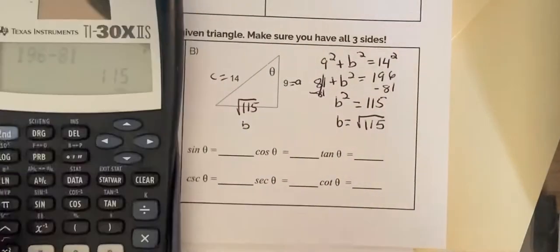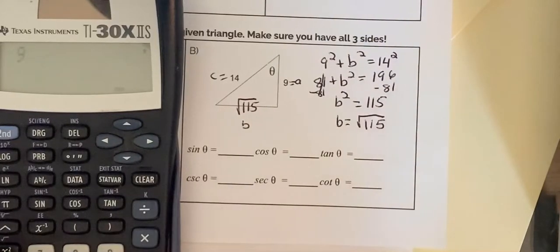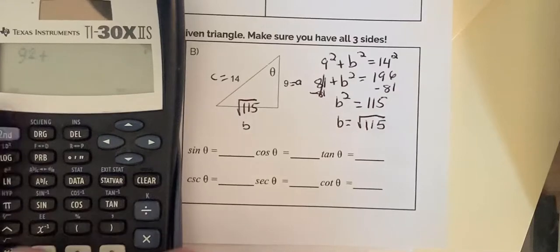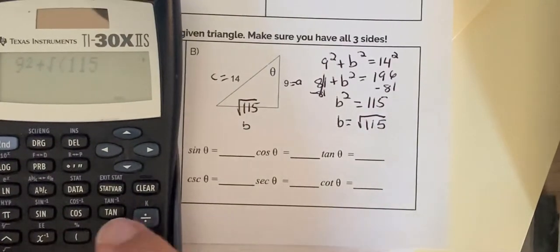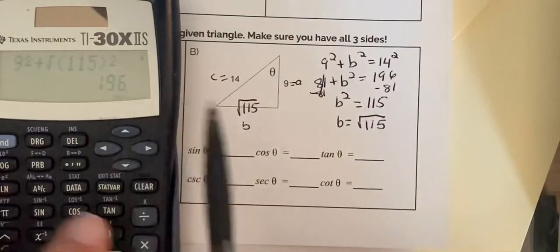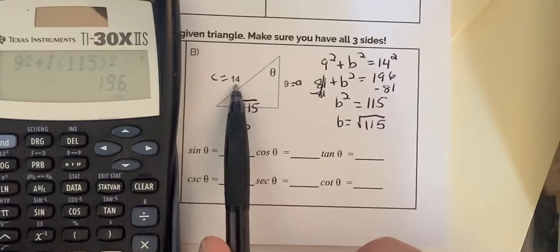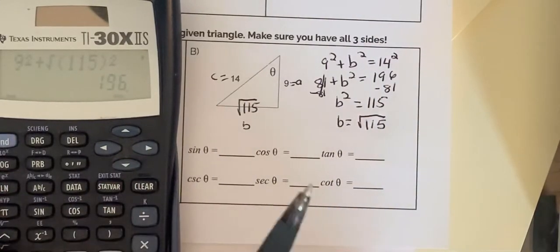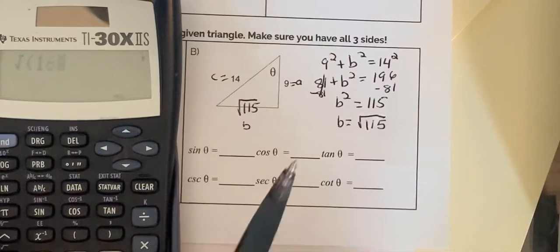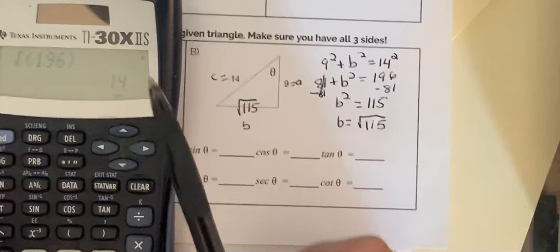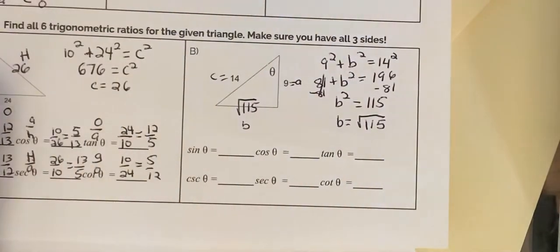So I'm just going to double check that: 9 squared plus the square root of 115, close that parenthesis and then square it. And then that's 196, which should equal 14 squared. So if I take the square root of 196, I get back 14, so I didn't make a mistake.